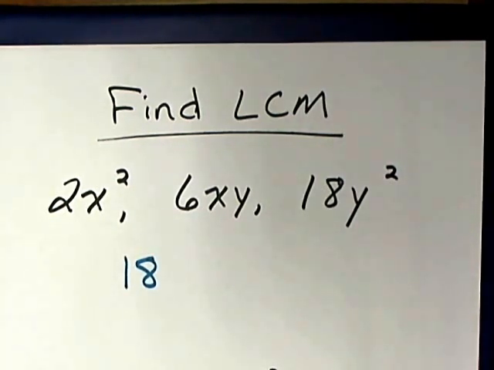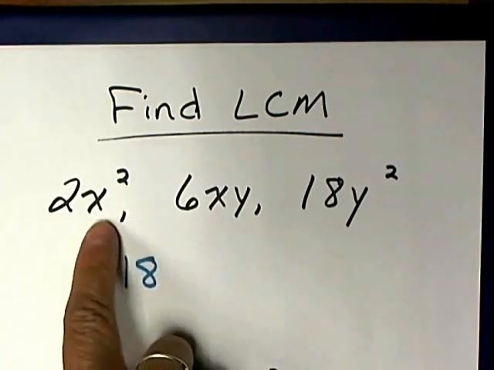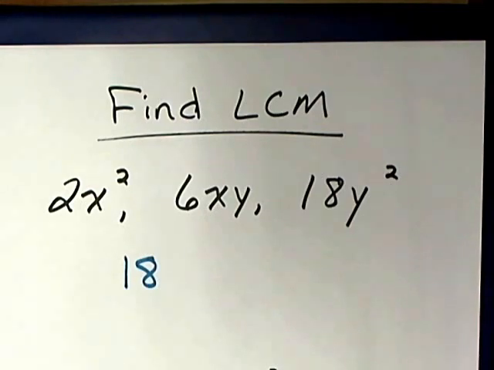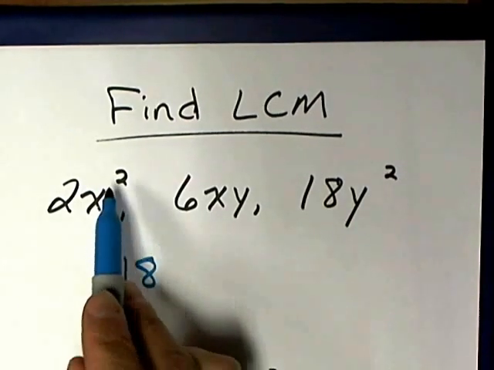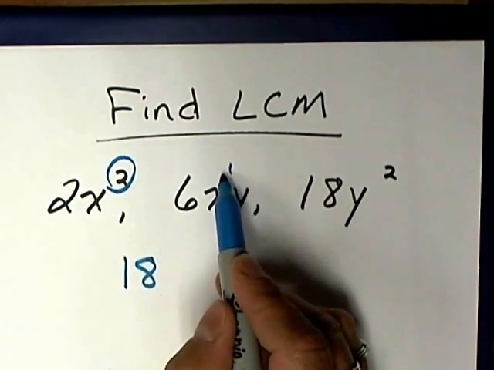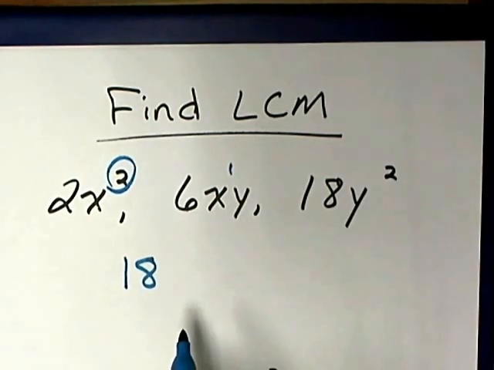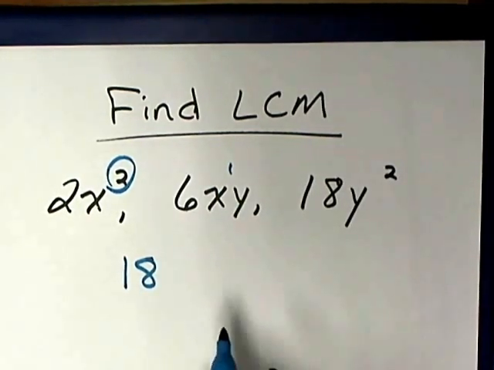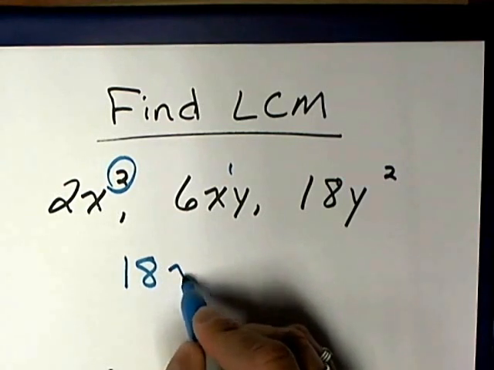The least common multiple with our variables is the highest exponent on each variable. Because I couldn't just have one x, because here I have 2. So I have 2 x's here, there's just 1 here, and no x's over here. So the common multiple is x times x, or x squared.